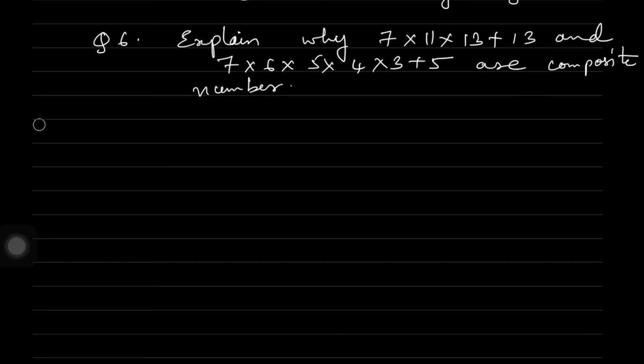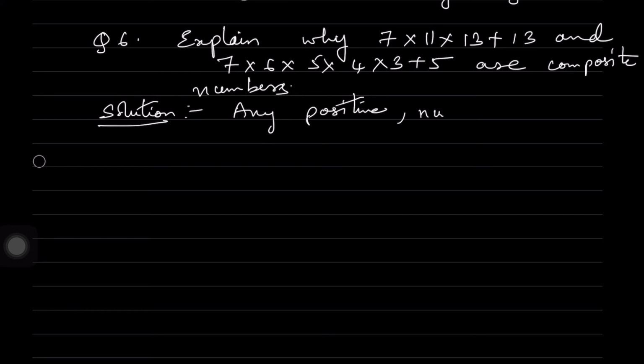So the solution is, any positive number which has more than 2 factors is called a composite number.